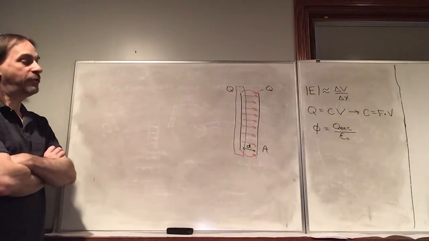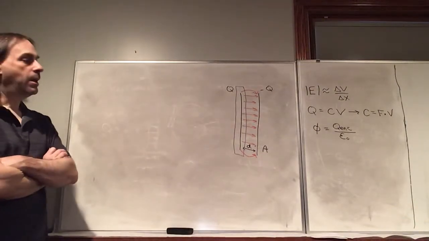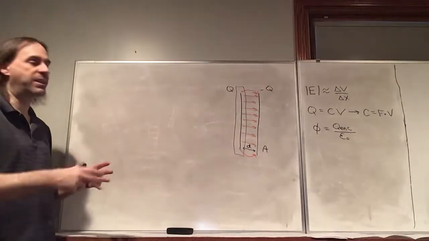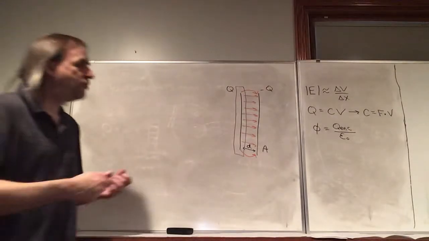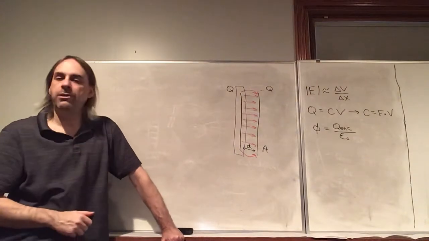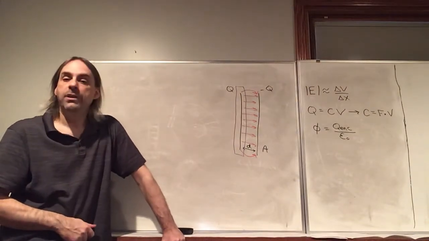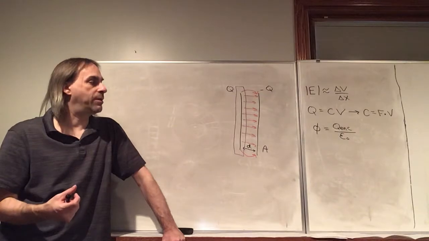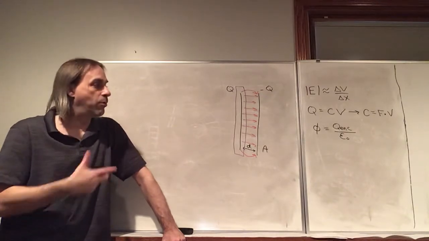And to actually calculate the flux, though, we have to have a completely enclosed surface and calculate the flux of the whole thing. Generally, that's very complicated. And so we don't really calculate the flux all that often. The only times we do it are when it reduces to something that's very simple.